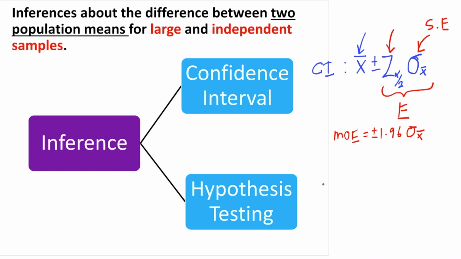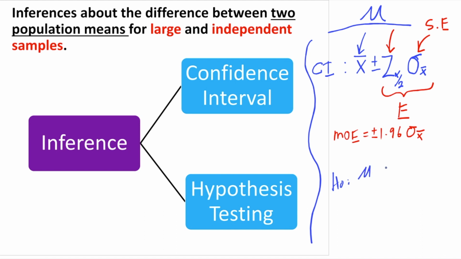For the hypothesis testing for one population mean, the null hypothesis would be mu equals, or greater or equals, or less or equals to a value, and the alternative is mu not equals to, or greater than, or less than a value.